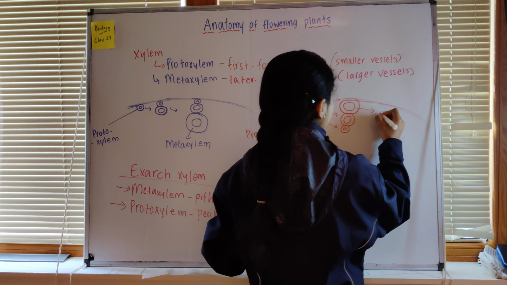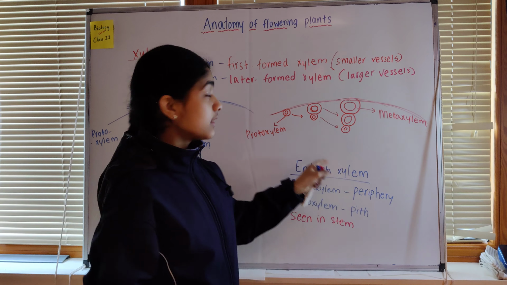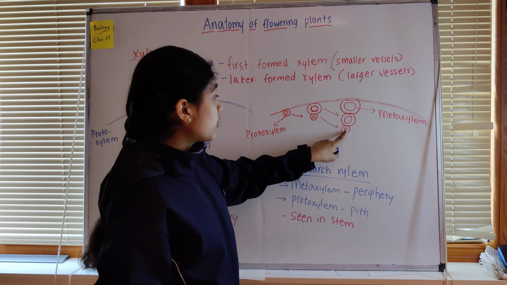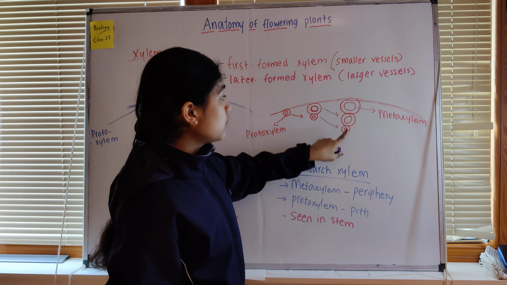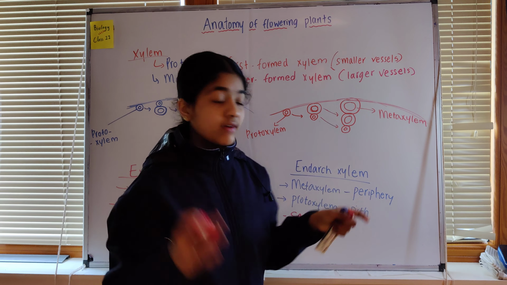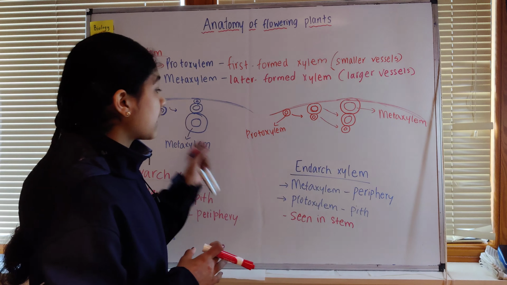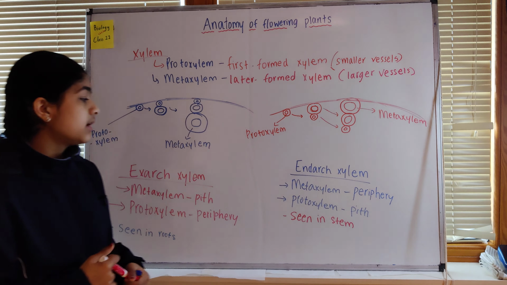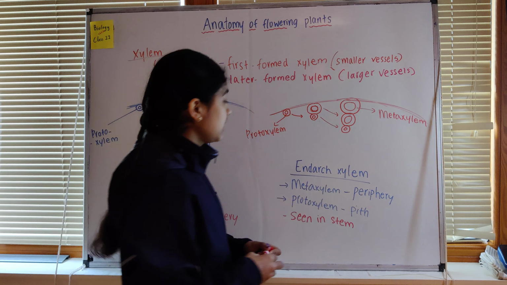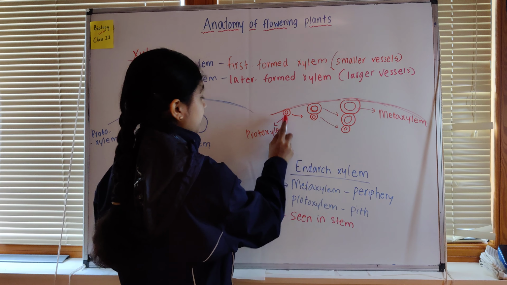The meristematic layer is not pushing the protoxylem vessel downwards as in the Endarch case. Here, the meristematic layer is pushing the smaller protoxylem vessels downwards and forming new vessels which are larger in size. That is what happens in the Endarch condition. Here the metaxylem is towards the periphery and the protoxylem is towards the pith.